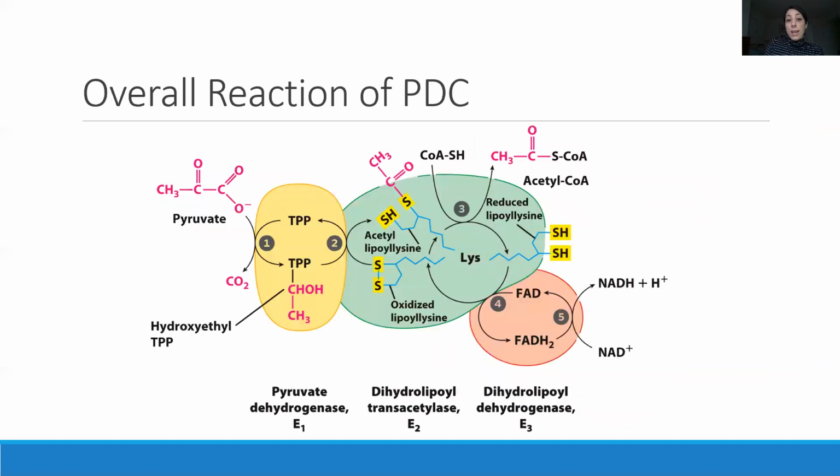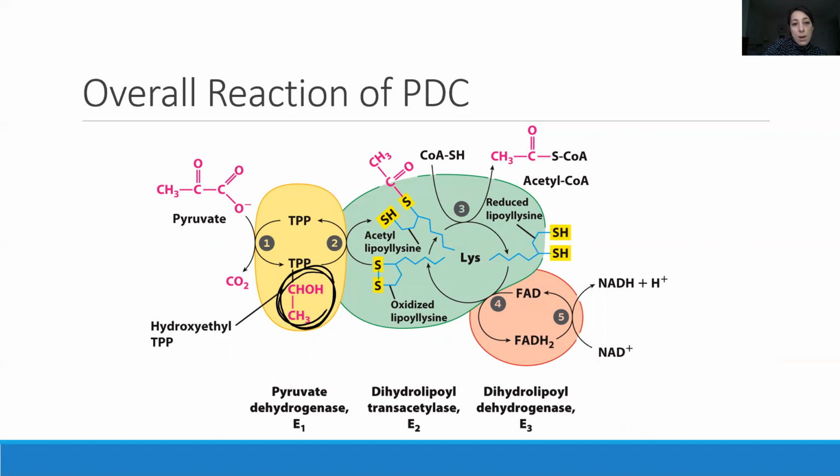So going back to look at our cartoon enzyme here, let's focus now on the E2 portion. You can see in E2, here's our lipolysine. It's in its oxidized form, which is nothing has messed with it. It's hanging out, it's oxidized. Now, if we add our aldehyde, or now alcohol that is tethered to our TPP, and we react it with our oxidized lipolysine, this will then bond to one of these sulfurs.